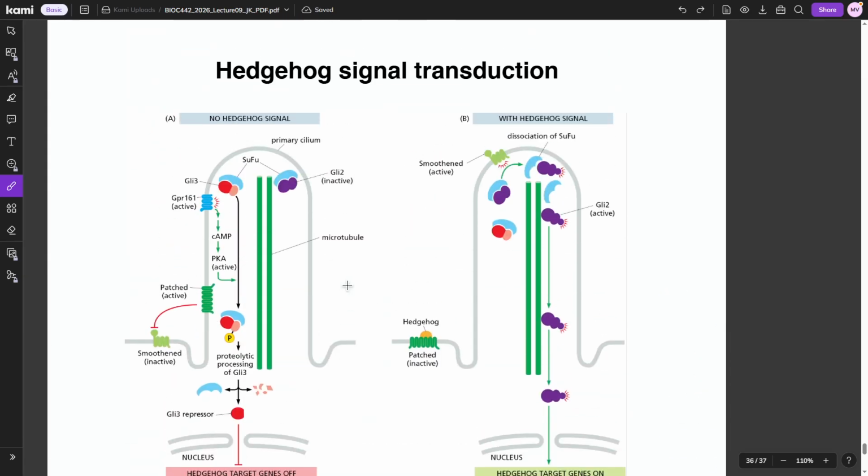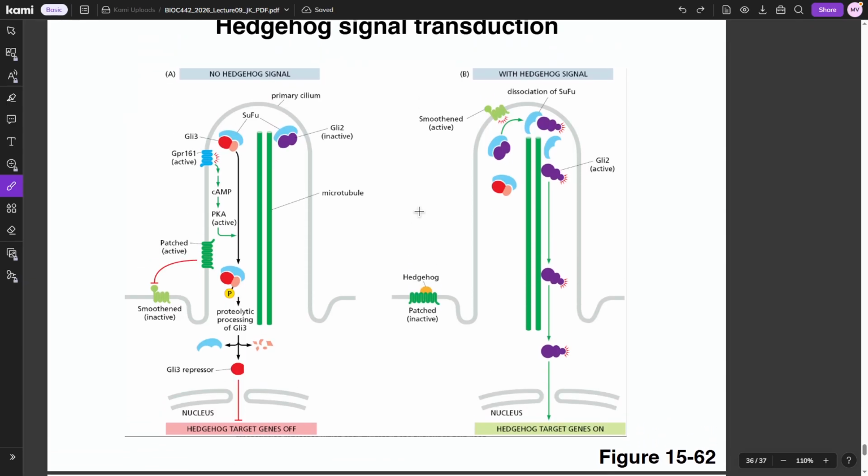But here we have the signal transduction cascade. I would say this is one of those things that you should probably put on your note card.